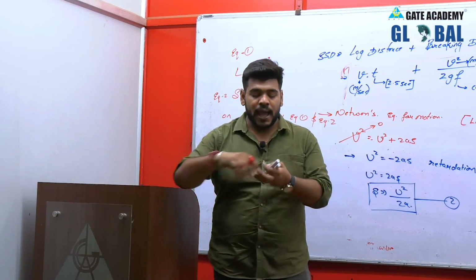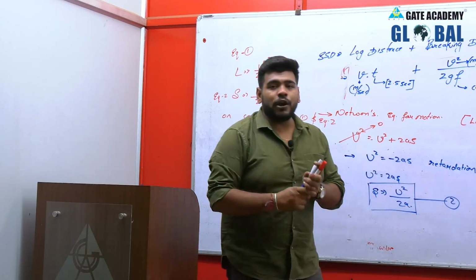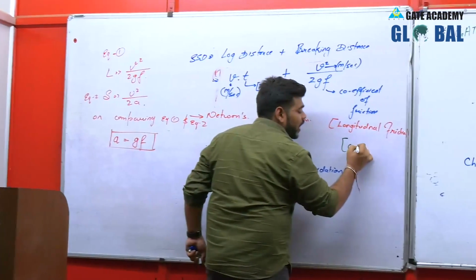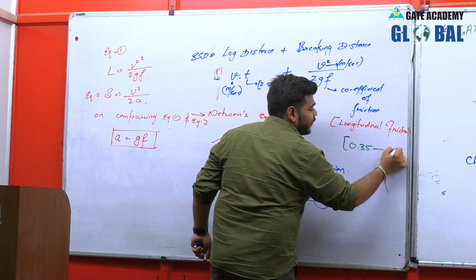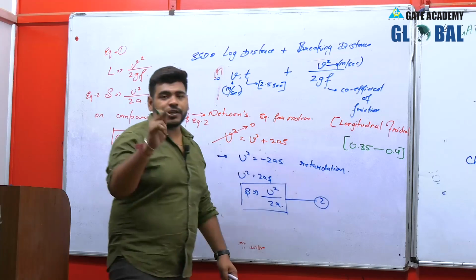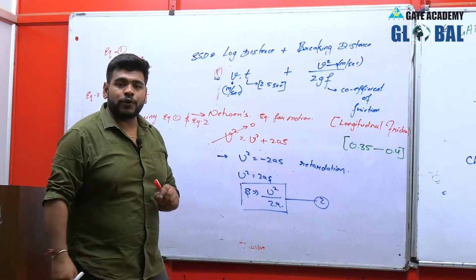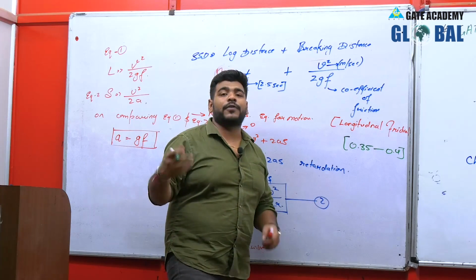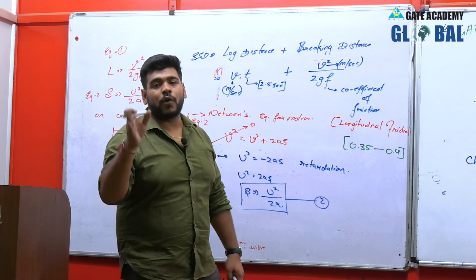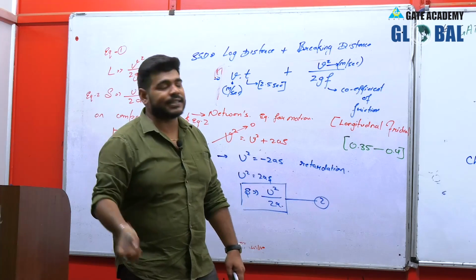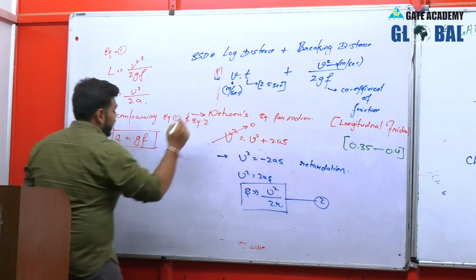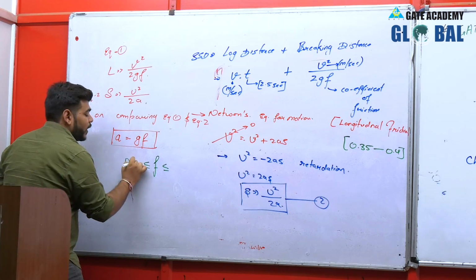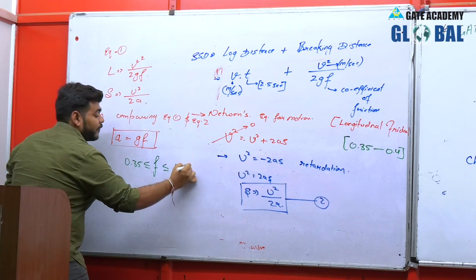As per IRC, the value of longitudinal friction should lie between 0.35 and 0.4.